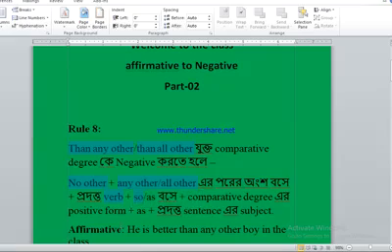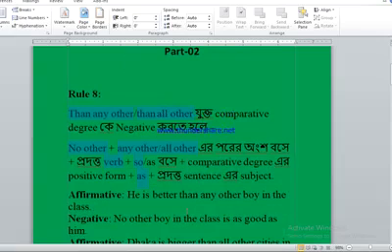That means you will change the comparative degree to the positive form, plus "as", then the subject of the comparative degree. Okay, let's see an example.